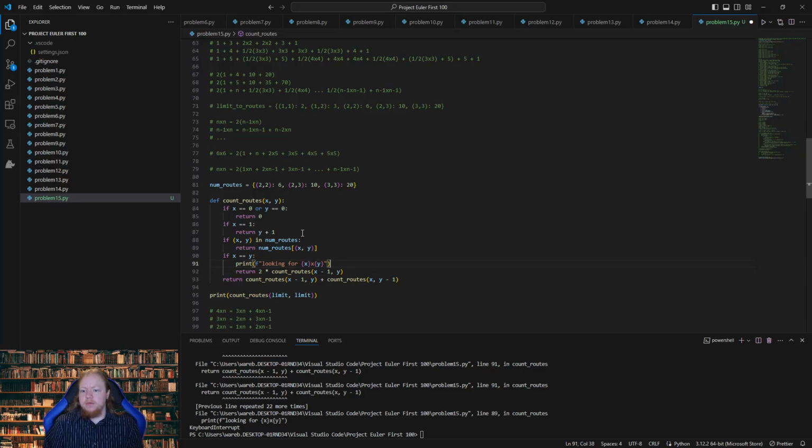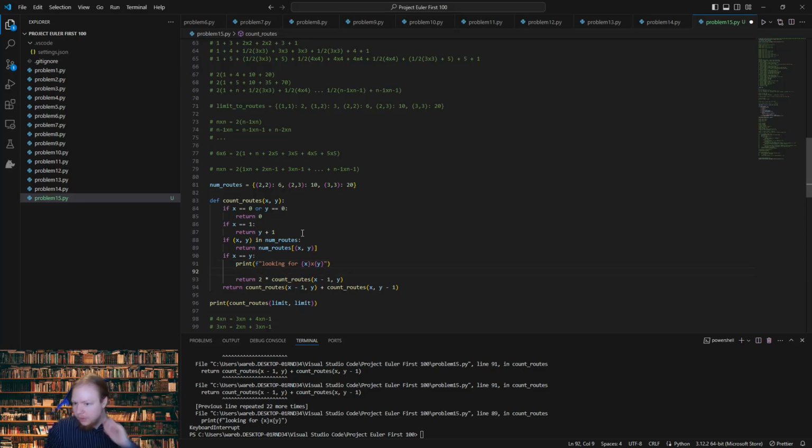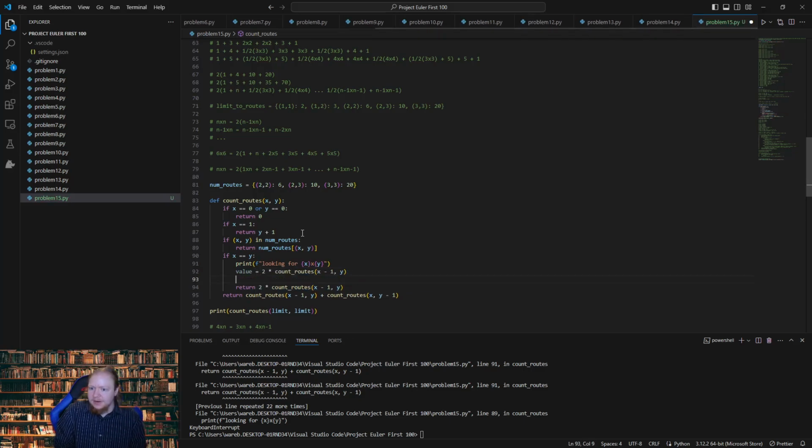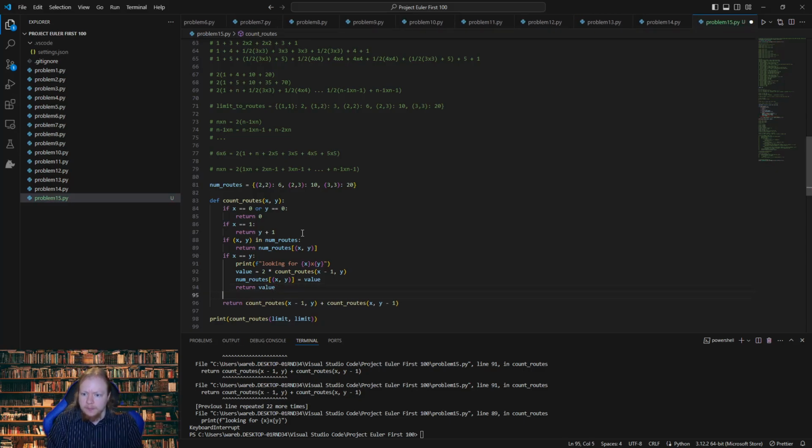And then for these other cases, we want to actually record our value. So num routes, for our tuple, equals value, return value. Same thing.